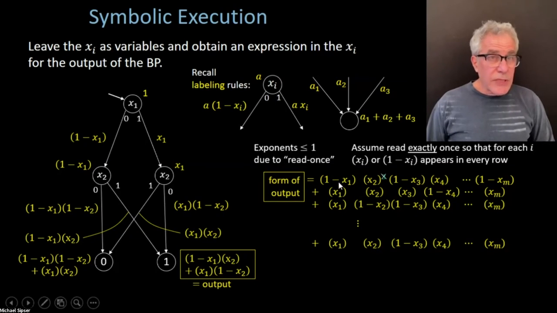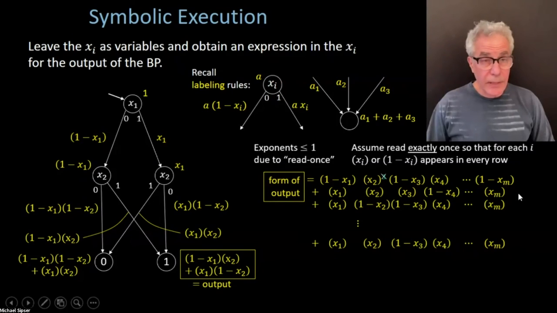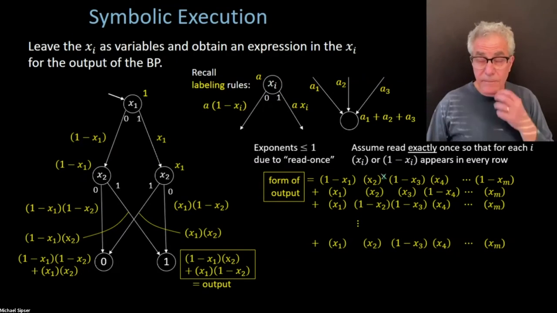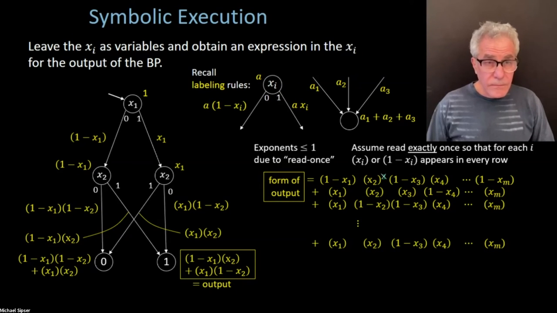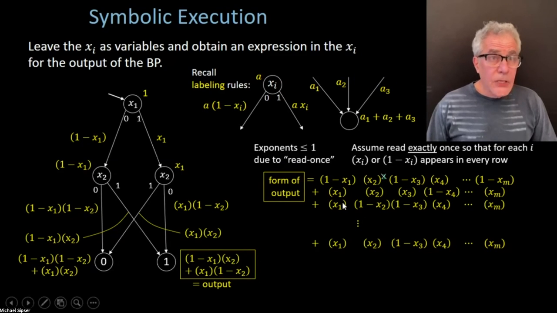Okay, so important to understand. This is the output polynomial of this branching program. So let's look furthermore at this polynomial and understand the rows. Let's take one row out of this polynomial and understand what it represents. One row here is a product of a bunch of variables, either variables or 1 minus the variables. Now, let's think about this in the Boolean setting first.